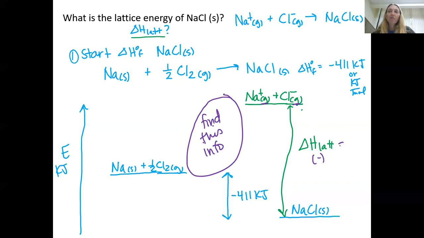So I want to find that value. And what I know with delta H of formation is that if I start with physical objects, sodium solid and chlorine gas, then I can form sodium chloride, but it's going to be lower in energy. So what I need to do is find this information right here.